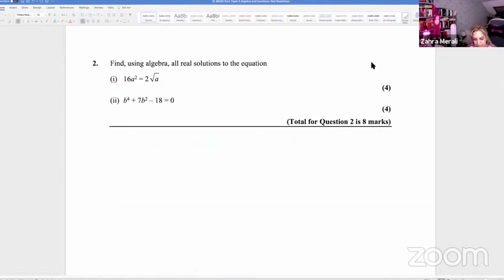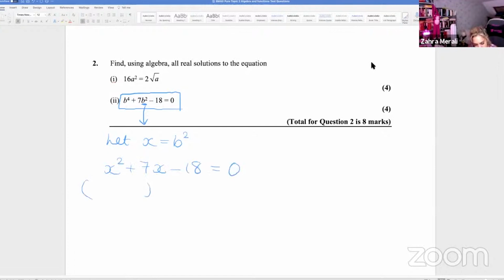Okay, here we look at this and straight away we can see we've got a disguised quadratic. So we take whatever's in the middle. Don't worry about the last number. You look here and you take this here, and that's what you let, say, your x equal. So we're going to let x equal b squared. So we're going to get x squared plus 7x minus 18 equals 0.